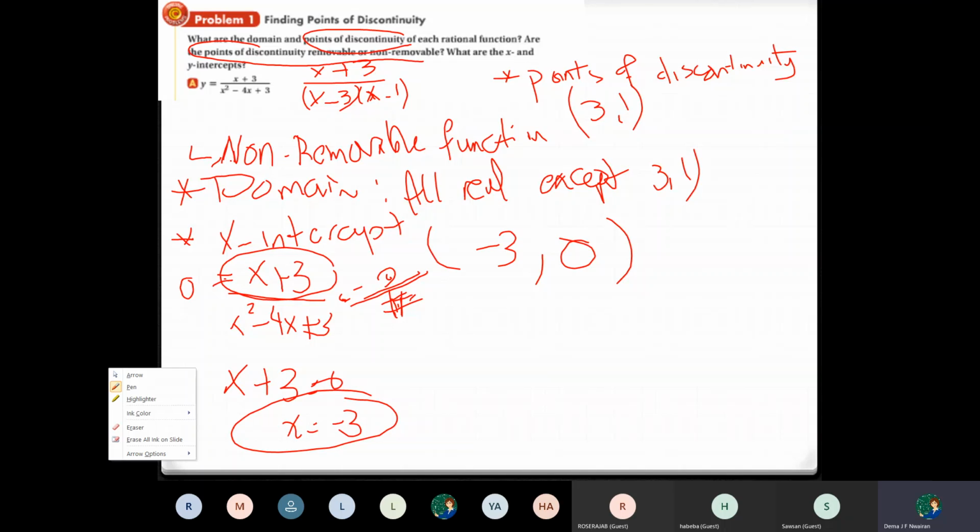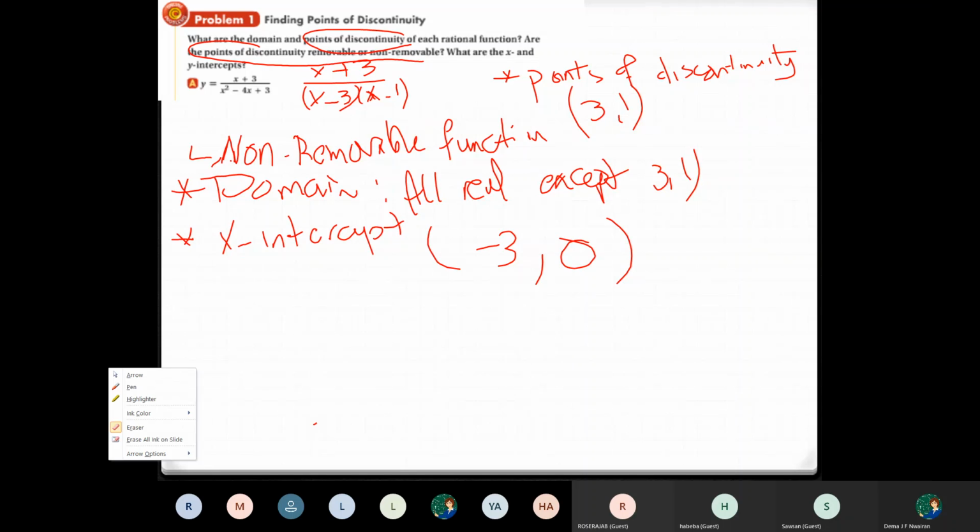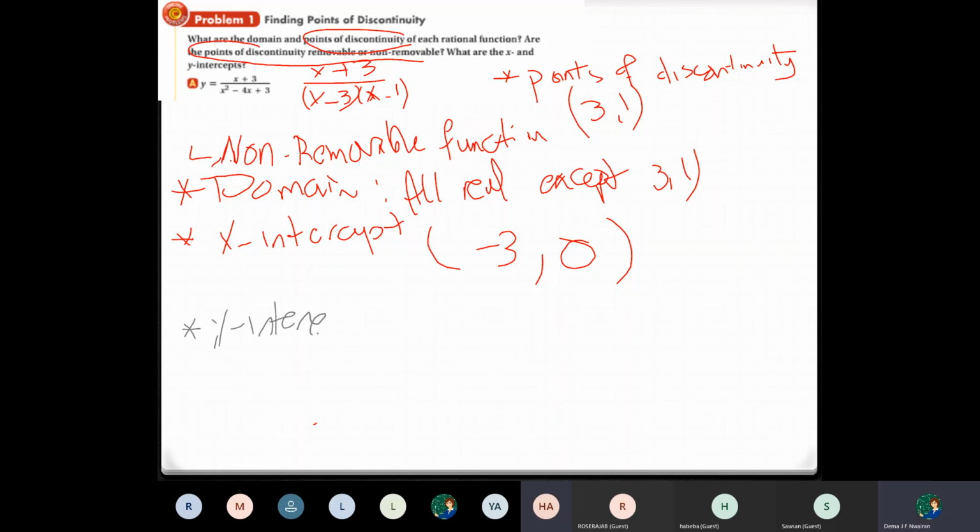Now, what about the y-intercept? We make x 0. Y-intercept means that x is 0.